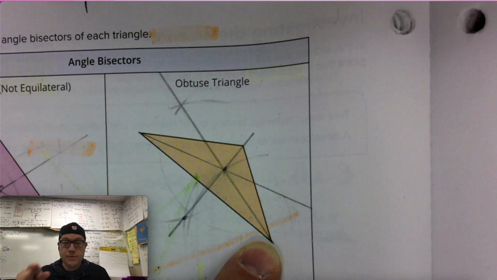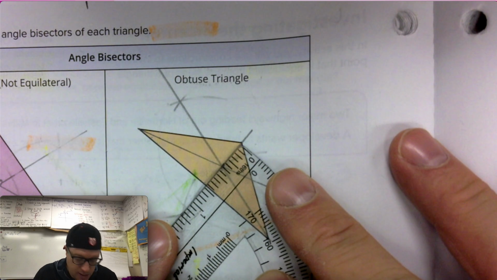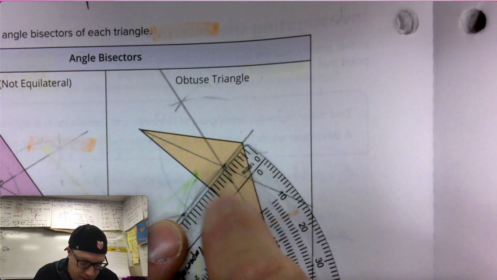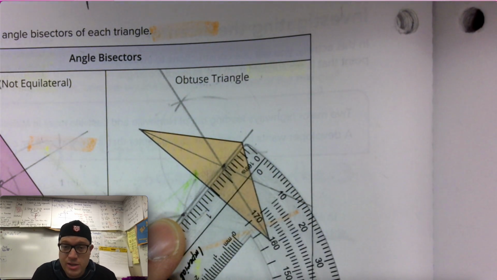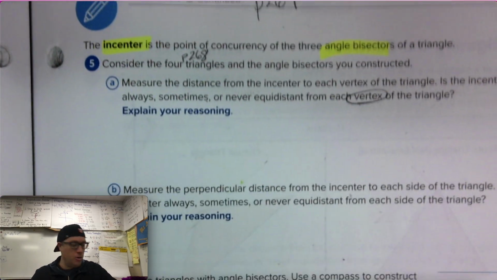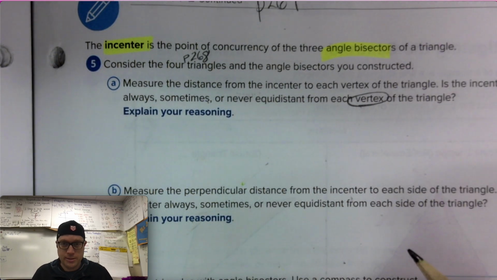If all of the vertices were the same distance, we'd say always. In this case, from the vertex to the incenter, it looks like approximately 3/8, maybe 7/16ths of an inch. So the answer for 5A is sometimes.